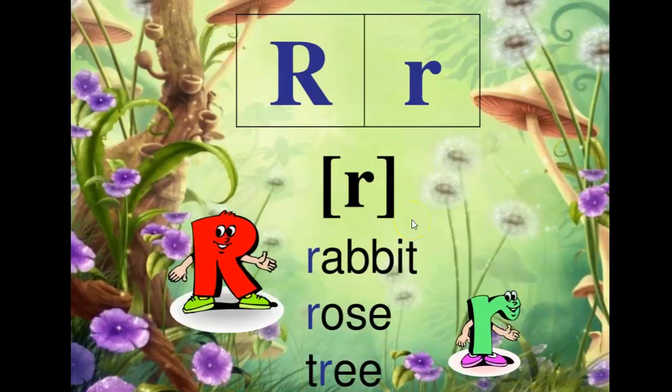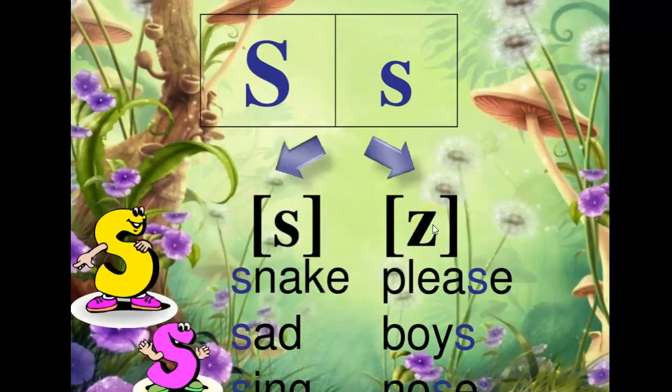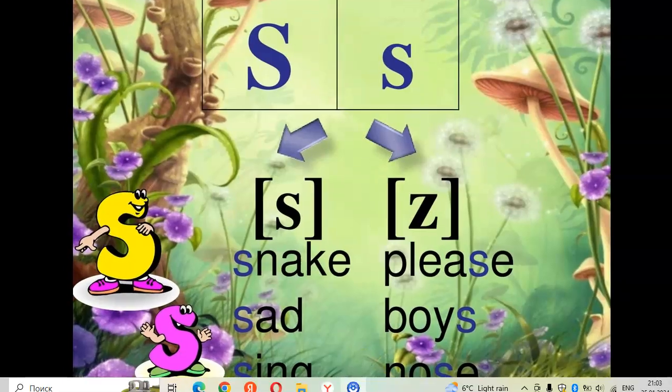So let's continue. R: rabbit, rose, and tree. So let's continue. S: snake, sat, sink, please, boys, noise.